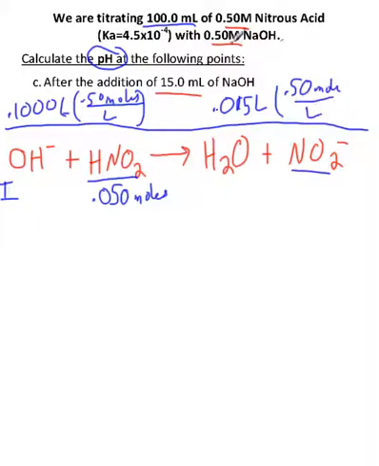One number's here and one number's here, but they happen to be the same molarity. And when we do that, we get an answer of 0.0075 moles of NaOH.